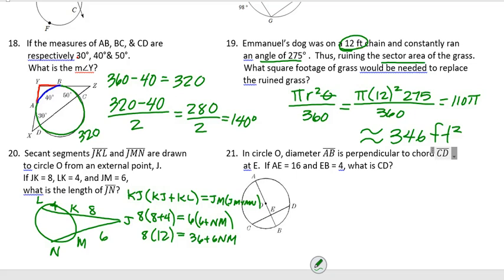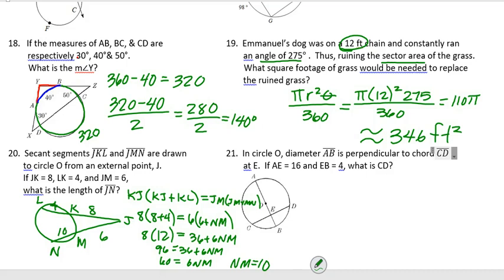This is going to be 96 equals 36 plus 6 NM. That's going to be 60 when I subtract 36 from both sides. Is equal to 6 NM. So that means NM equals 10. So I'm going to put it over here, 10.